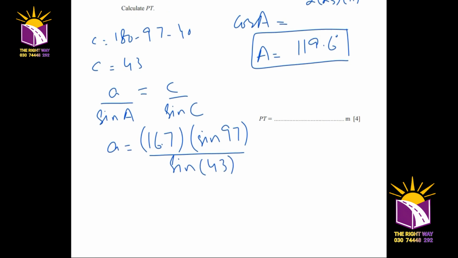So A will be equal to 16.7 multiplied by sine 97 divided by sine 43, which equals 24.3. So PT is equal to 24.30 meters.